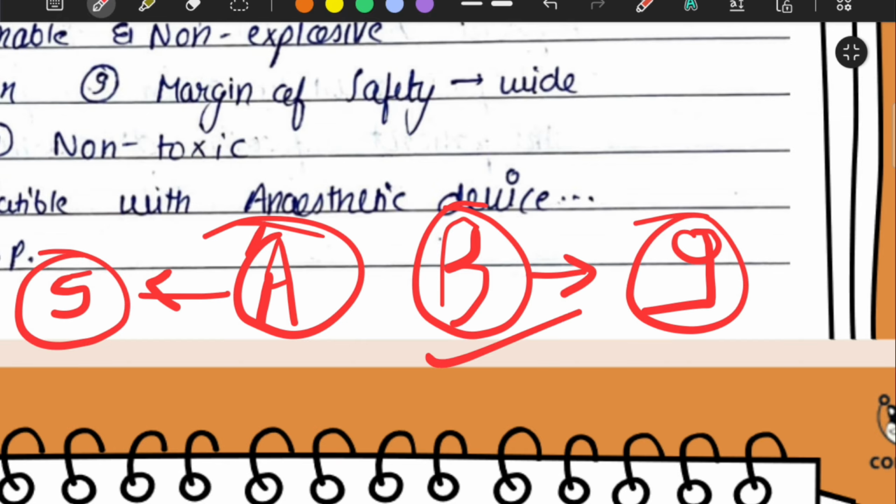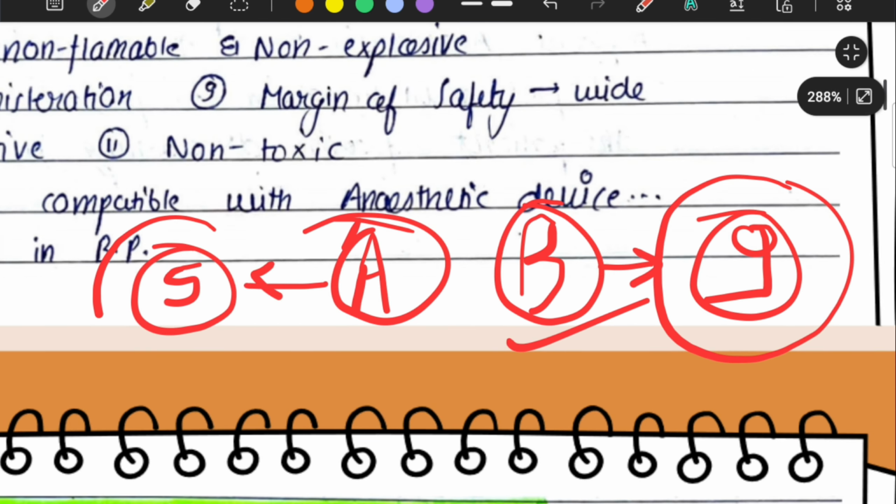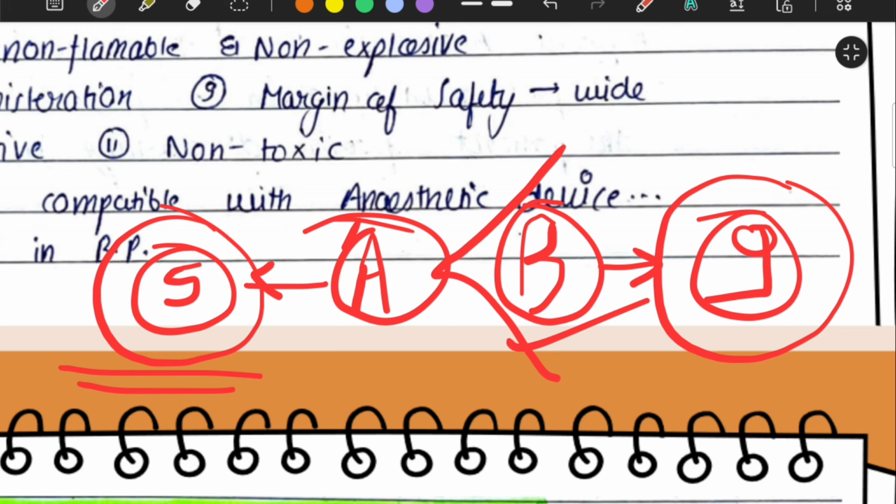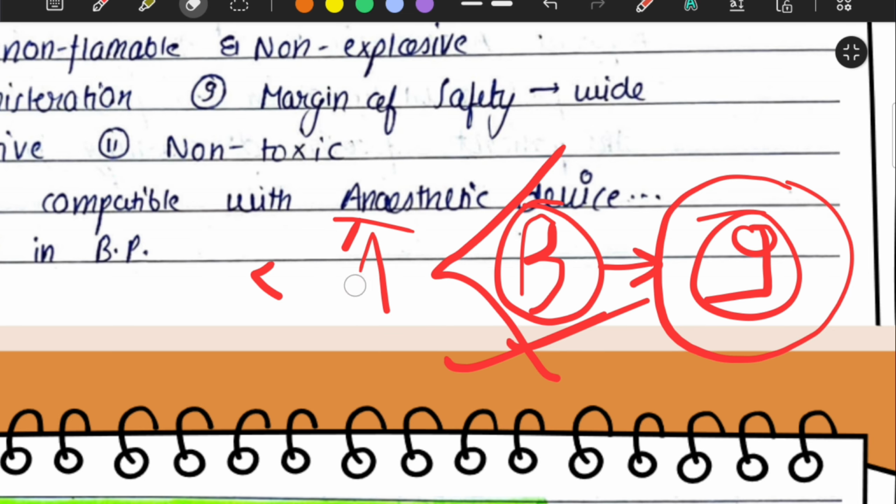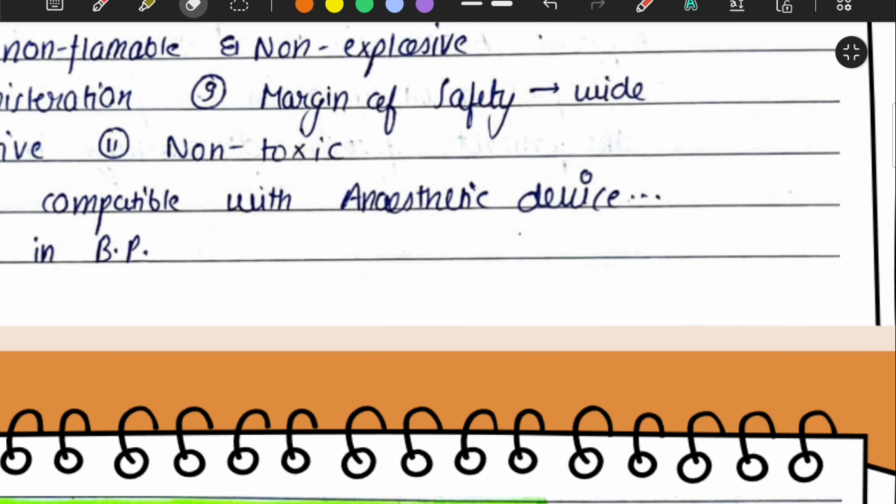Obviously B, because it fulfills 9 properties of an ideal gaseous anesthetic, while A fulfills only 5. So B outweighs A in its beneficial effect, which is why we will use B. That's why we study the properties of an ideal gaseous anesthetic. And remember, there is no ideal gaseous anesthetic. Every anesthetic has certain side effects that we will discuss in the latter part of this session. So let's discuss the ideal properties.